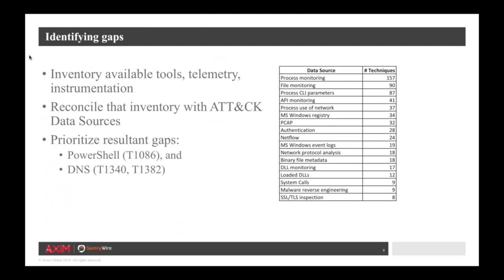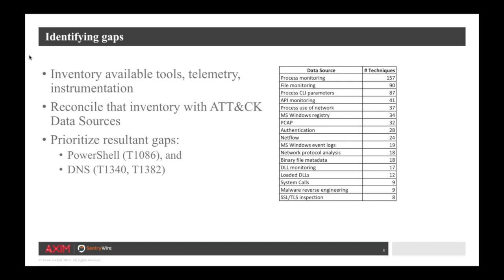So that's a review of what the ATT&CK framework is. And what I'd like to do now is talk about a couple of real-world applications for the framework itself. How does a security practitioner use the framework in the real world?